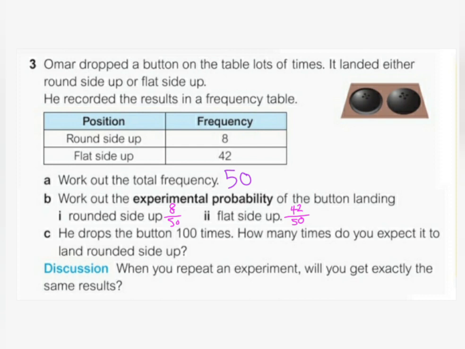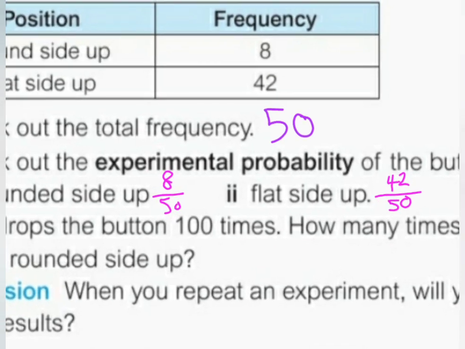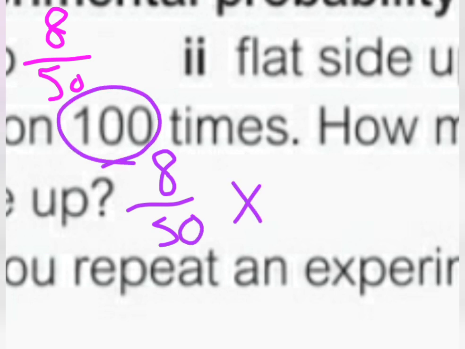He wants to know how many times you expect it to land on the round side up. Now, the relative frequency of the round side up is 8 over 50. So we take the 8 over 50 here, and we multiply it by the number of times, which is 100.